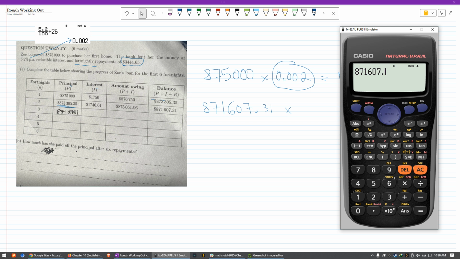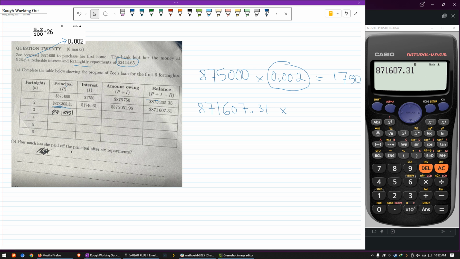871,607.31. Sorry about that. I was getting annoyed by having to put the calculator, so I just changed it so that the calculator's over here. Anyway, so at the start of the third fortnight, we owe 871,607.31, and then we multiply by 0.002.